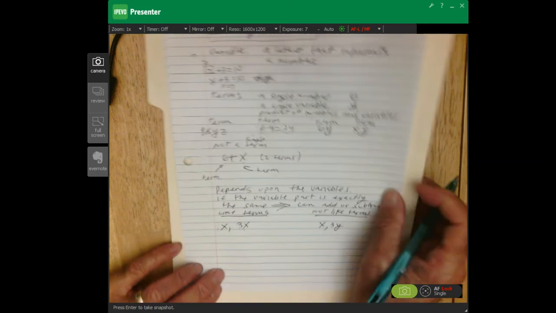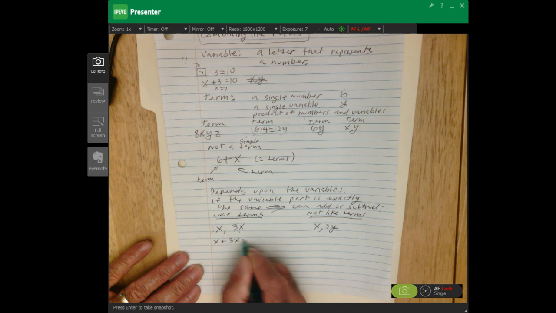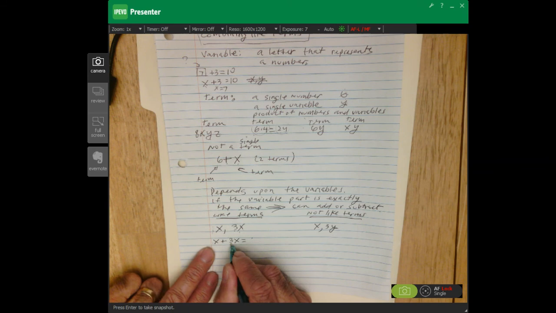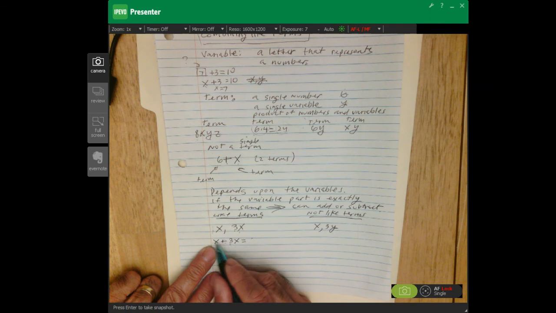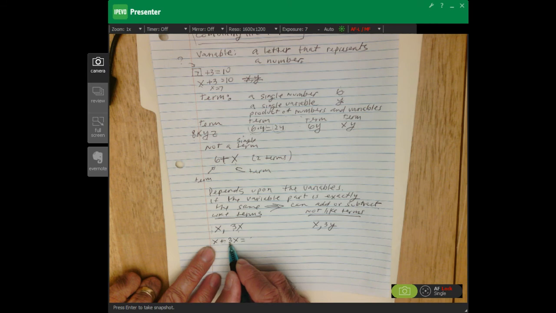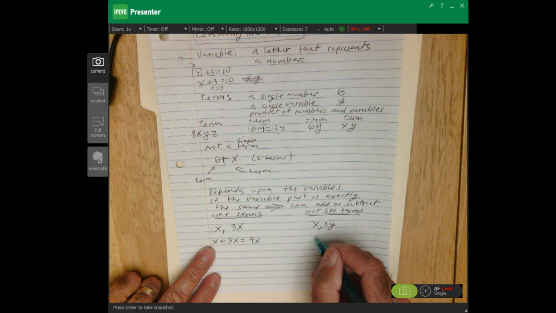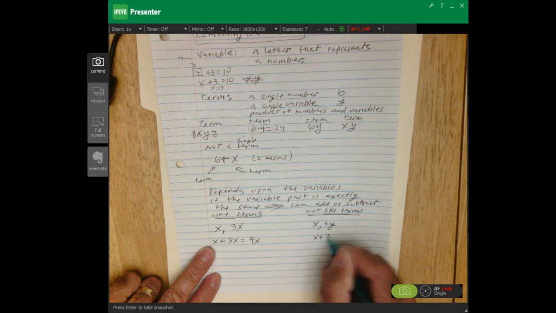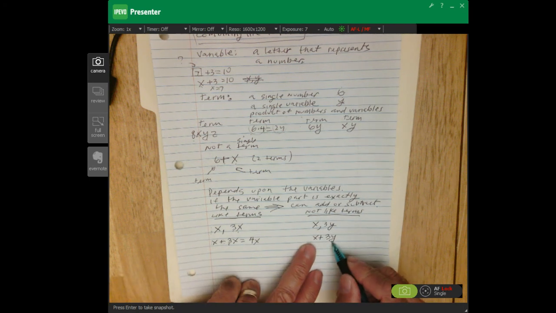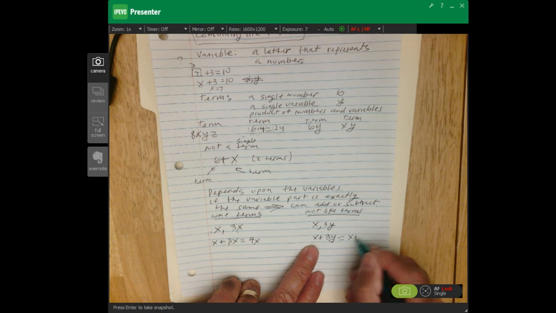Okay, the difference is here we can say x plus 3x, and there's 1x here, 3x's here. The rule is we add or subtract depending on what this symbol is right here and the signs in front. So we have a positive 1, positive 3. We add these and we end up with 4x's. This one, x plus 3y, the variables are not the same, so we can do nothing. So we have to leave it the way it is.